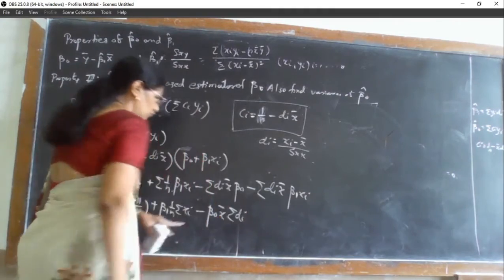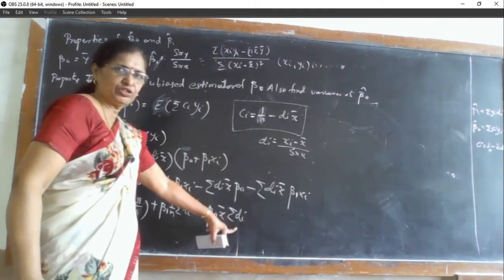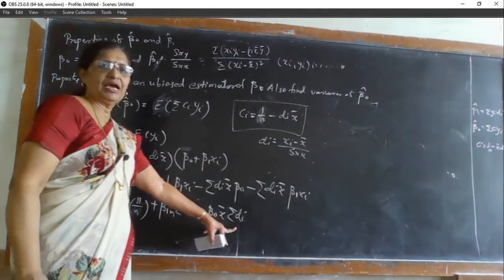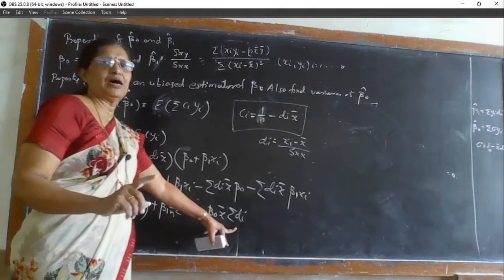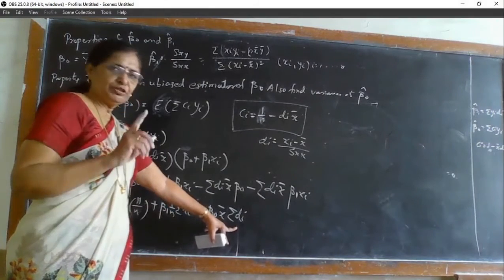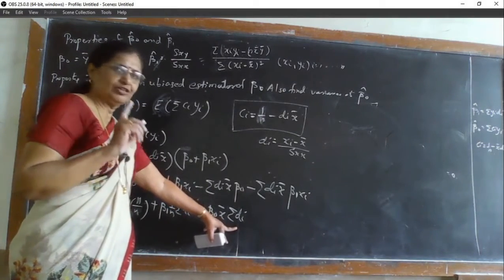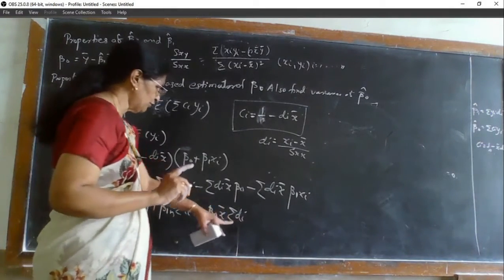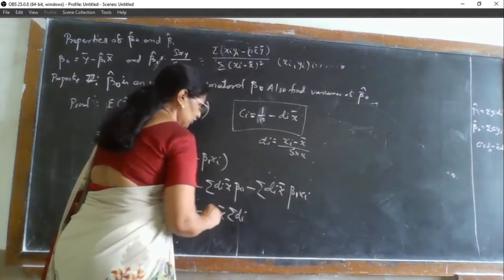Summation of di, and we know that summation of di is equal to 0 because summation of di is summation of xi minus x bar upon sxx. So summation of xi minus x bar is 0 because sum of deviations of all observations from its arithmetic mean is always equal to 0.